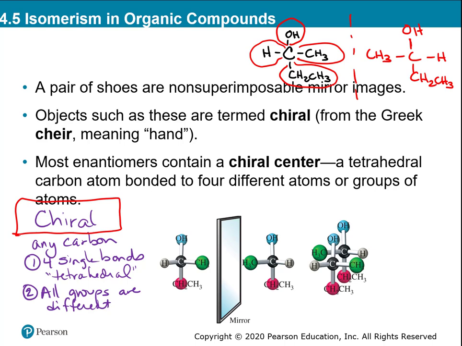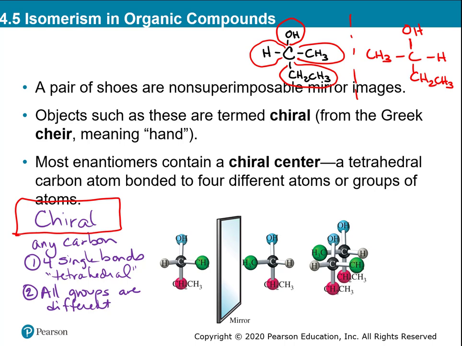When you look at your hands, you agree your hands are mirror images of each other. So that means the pinkies are close to each other. If you were looking in a mirror, your right hand looks like your left hand. I can't take my hands and lay them in any position to make them exactly the same. If I lay them this way, then my thumbs and my pinkies are offset. If I flip and make my pinkies and thumbs match, then my palm and my wrist and the ends of my fingers are not matched.